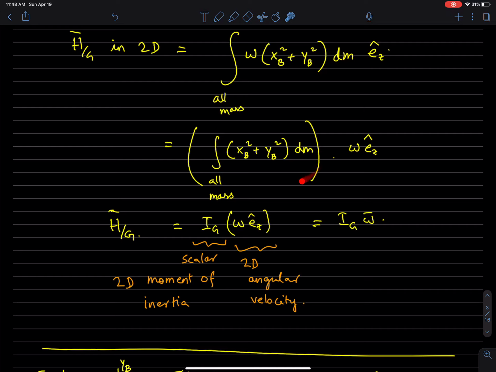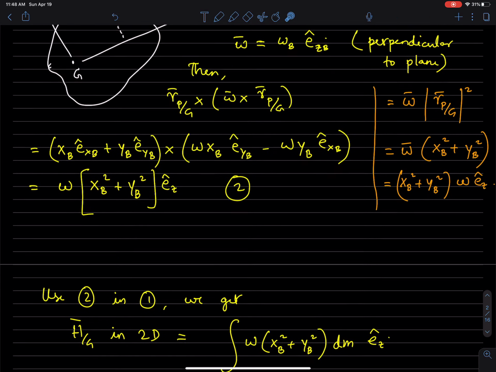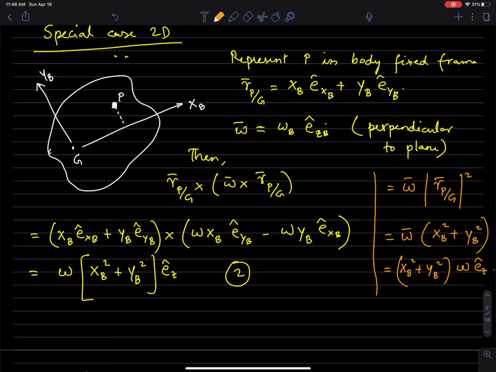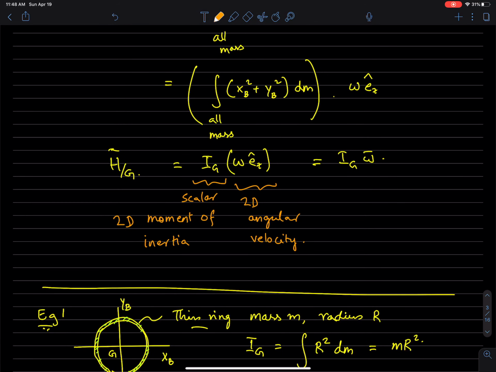This quantity is what we call the moment of inertia. If this is xb, this is yb, and this is Rb or something like that, then this quantity is also the integral of Rb squared dm, and that's equal to Ig.